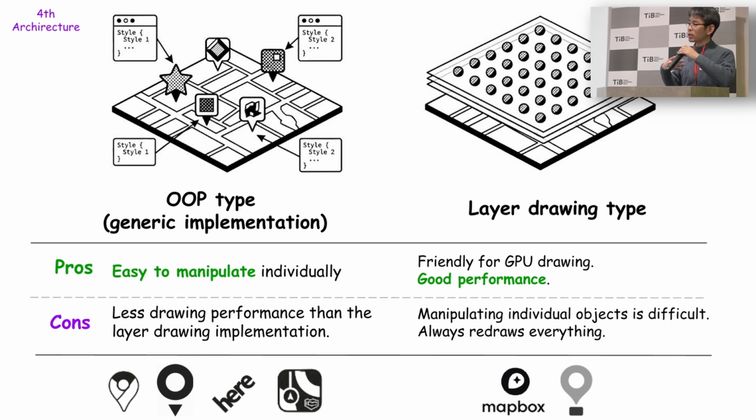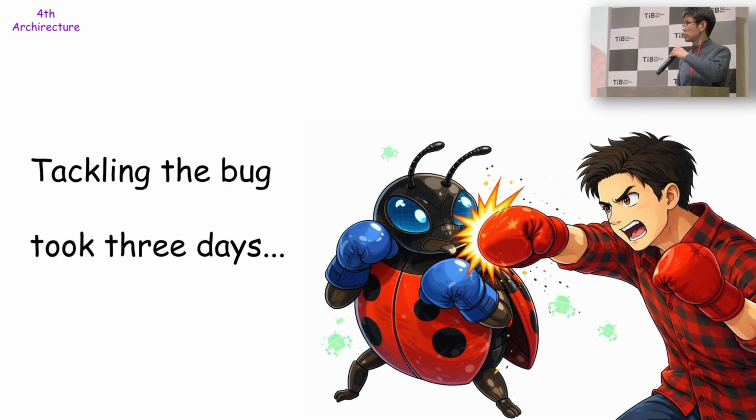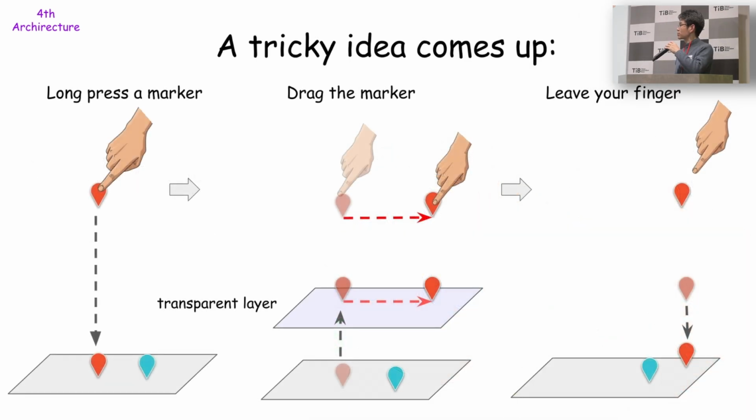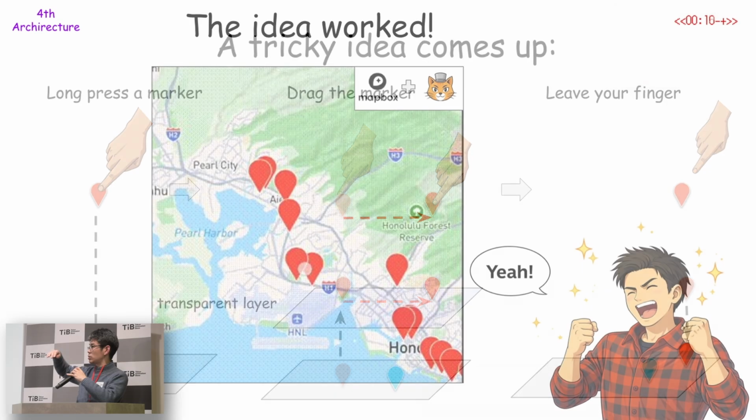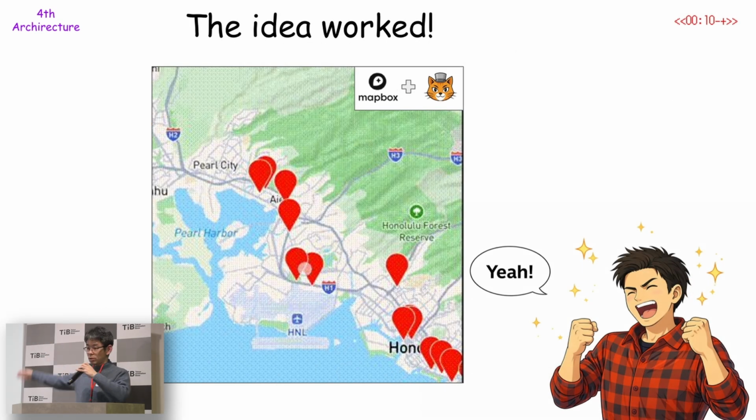However, it's difficult for us. If I change something on a marker, it changes every marker at the same time. I spent 3 days fighting with this bug. Finally, I came up with a pretty good idea. I created 2 layers. If I move the dragging marker to the upper layer, like this, it works.